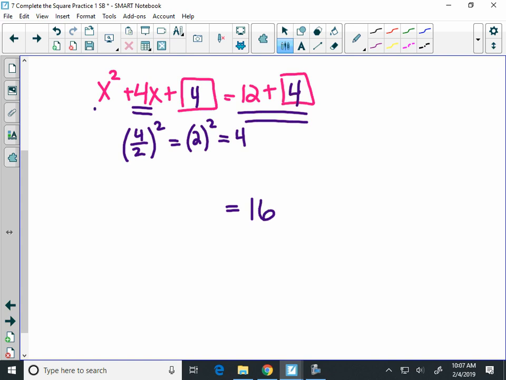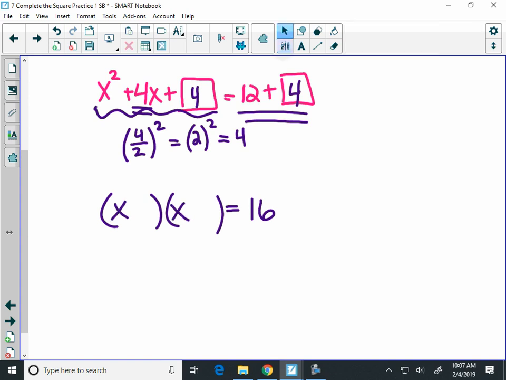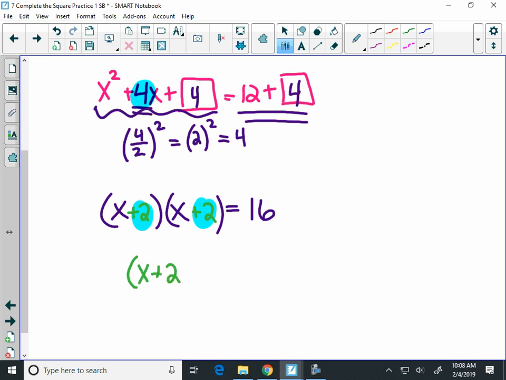And on the left-hand side, remember, this trinomial is going to factor into 2 factors that are the same. The number that's going to go in those factors is half of the middle term, and half of 4, positive 4, is positive 2. All right, we rewrite the left-hand side to be x plus 2, the quantity squared, equals 16.